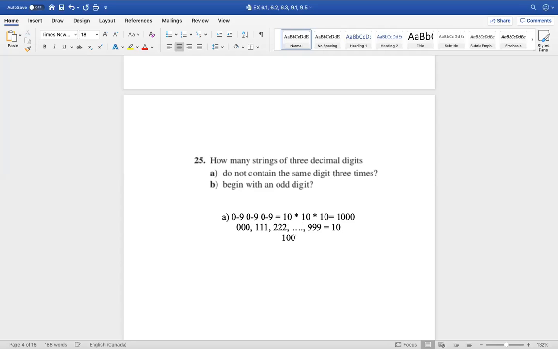So we subtract 1000 minus 10, we come to 990. So we have 990 ways to represent a three decimal digit string.